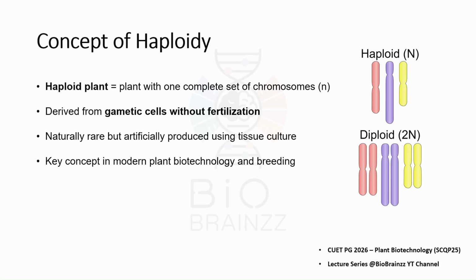Haploids are important because they express all genetic traits directly, including recessive ones. Although naturally rare, haploids can be produced artificially through tissue culture techniques. This ability makes haploids a powerful tool in genetic analysis and plant improvement.